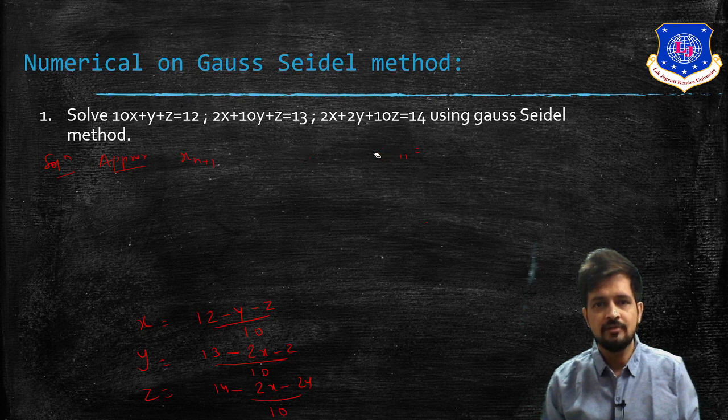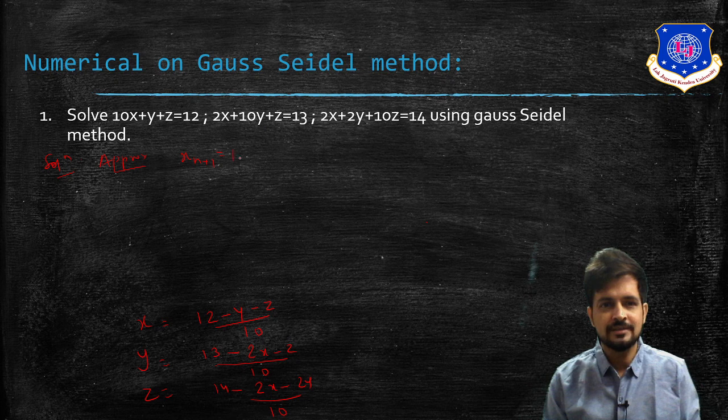If you want, you can also write the formula. The formula for x(n+1) is (12 - yn - zn)/10.